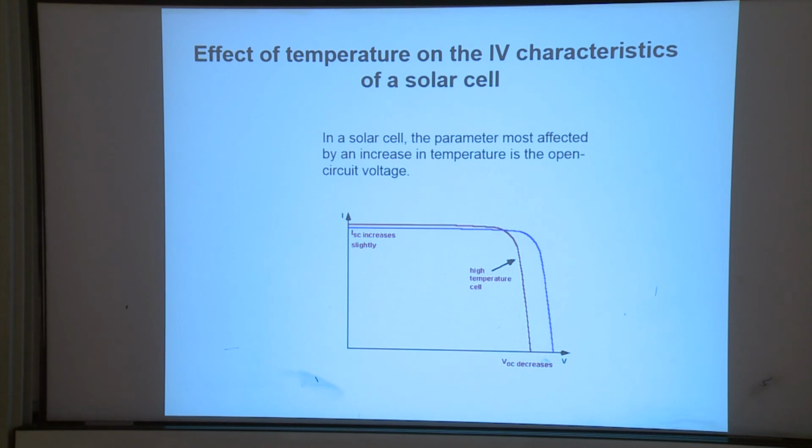But if we can manipulate the temperature, it's better to choose low temperature. So sometimes we need to use coolant, if possible, to cool the solar cell so the efficiency will be higher. But you need to consider whether the cooling system will cost more or less than the extra energy generated. You always need to keep the cost effect in mind.